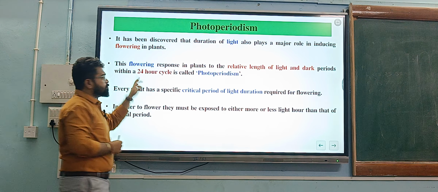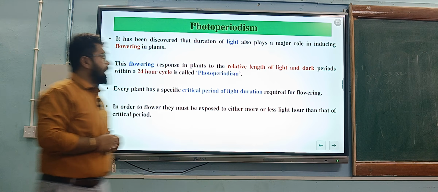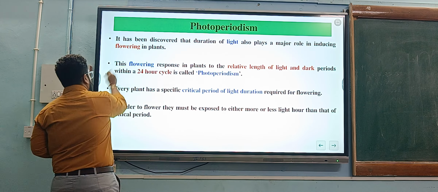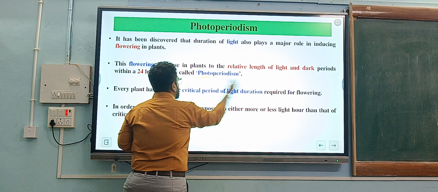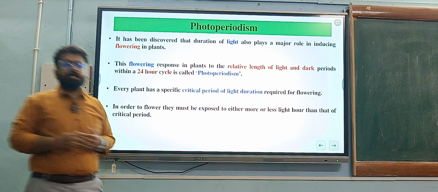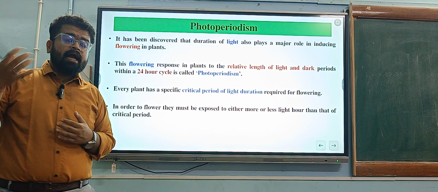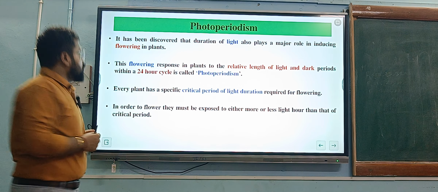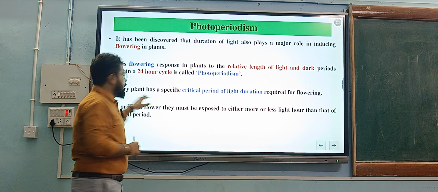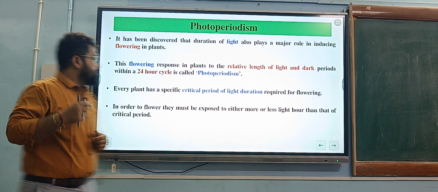The flowering response in the plant relative to the length of light and dark period within a 24-hour cycle we call photoperiod, or generally we define it as the response of the plant to the day and night length for a period of 24-hour cycle. Every plant has a specific period of light duration required for flowering.